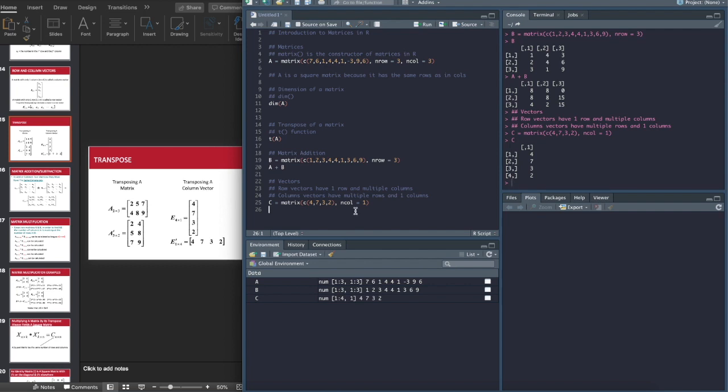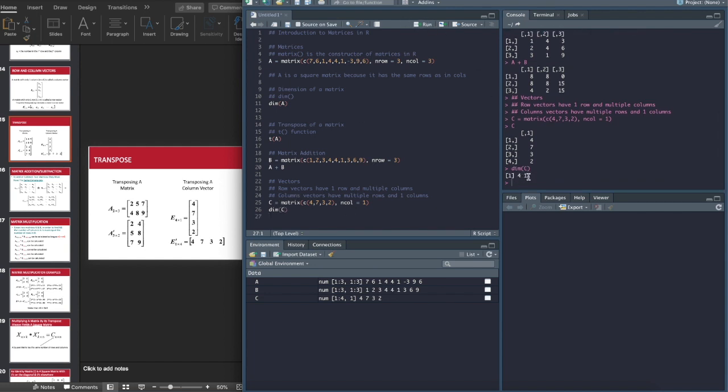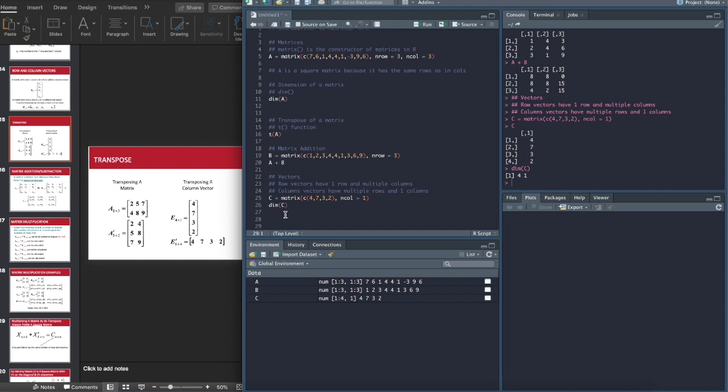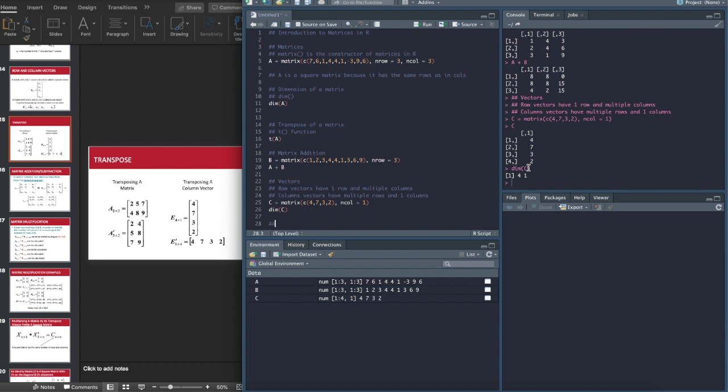And if you want to take a look at the dimension of that particular matrix C, we can see that this is a 4 by 1 matrix. Now, we say that this matrix is not conformable for addition with a matrix that is 3 by 3, because it doesn't have the same dimensions. Let me give you an example.